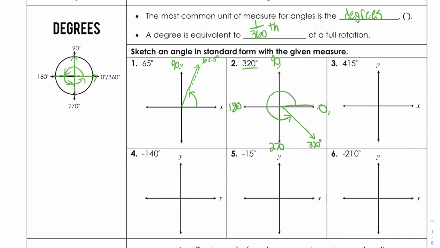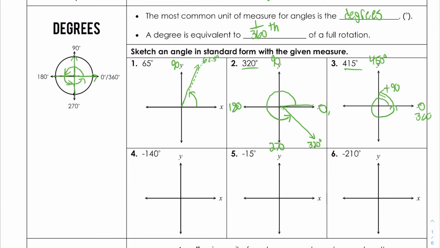For number 3, we're trying to get to 415 degrees. The starting point is 0, but it's also 360. 415 is past 360, so let's figure out how much past a full circle we need to go. If we went an extra 90 degrees, then that would be 360 plus 90, which is 450.